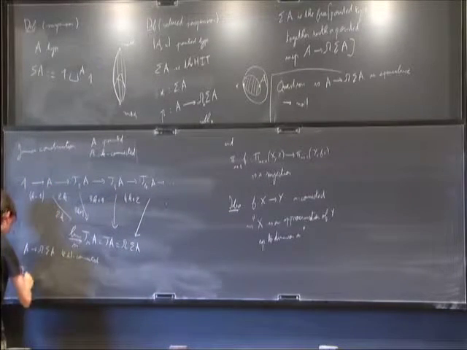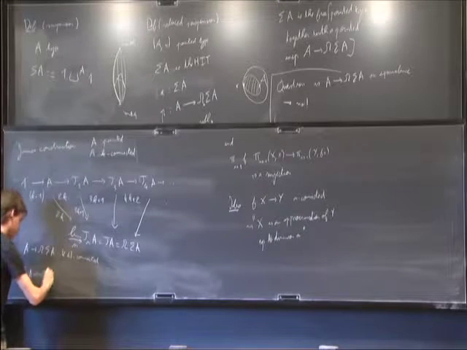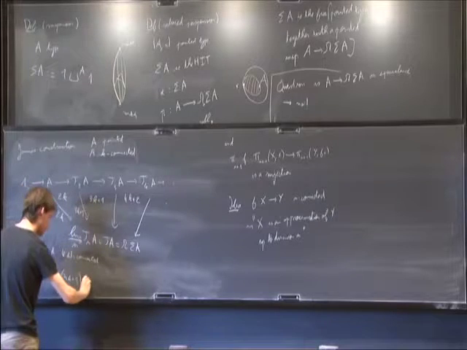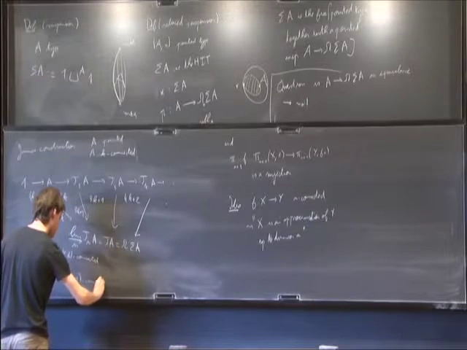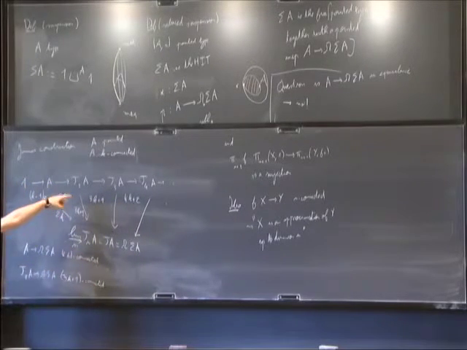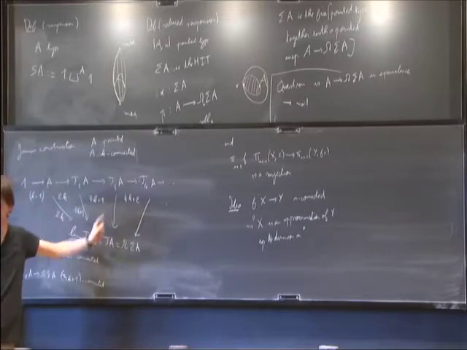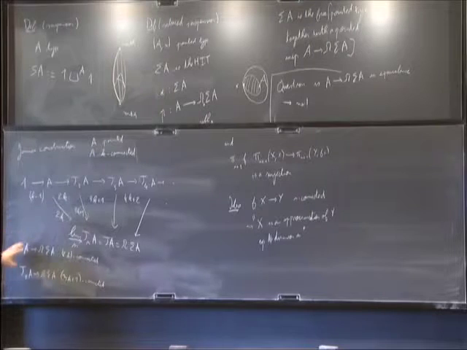But you also get the map from J2 of A, which is 3k plus 1 connected. And then a map from J3 of A to the loop space of the suspension, which will be 4k plus 2 connected, and so on. So you get a sequence of better approximations.